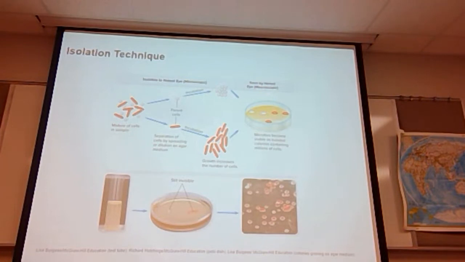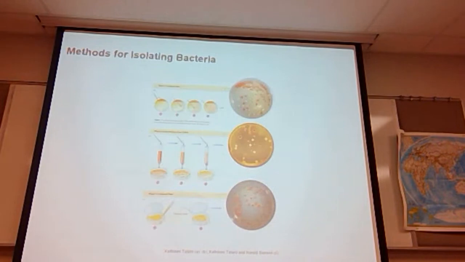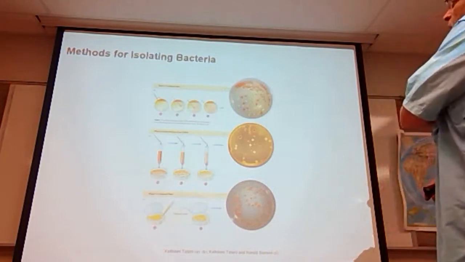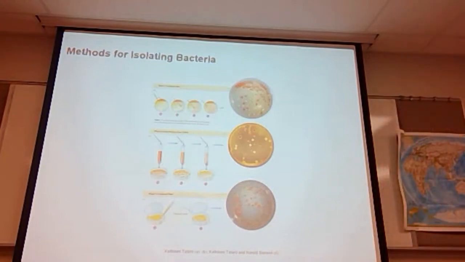And here is a surface of a media with the little red colonies growing and then the white colonies growing as well. Sometimes you see they're quite close together, but at other times they're separated, easily recognizable as individual organisms. The method we use is called the streak plate.